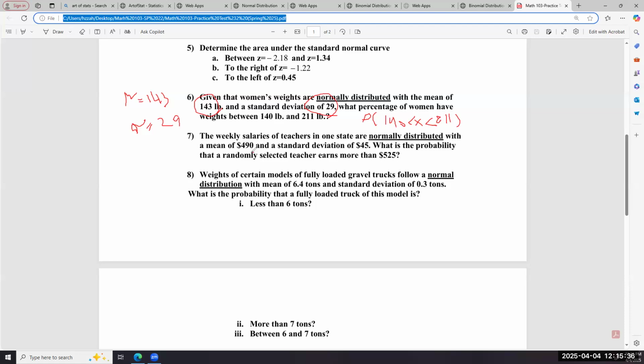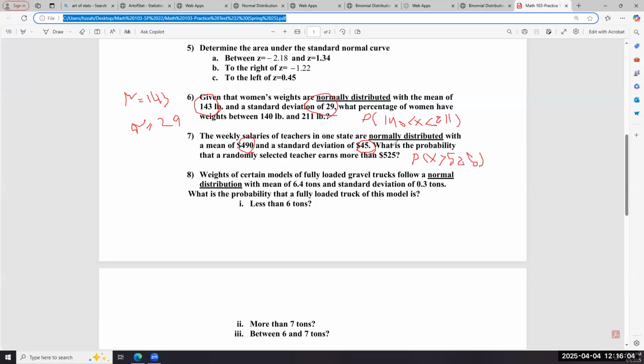The mean is 90, the standard deviation 45. What's the question? What is the probability that the selected teacher would earn more than 525? So this means the probability of X to be more than 525.